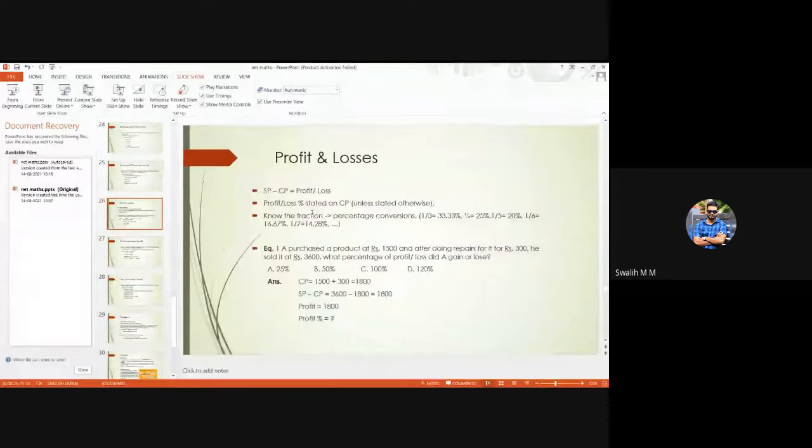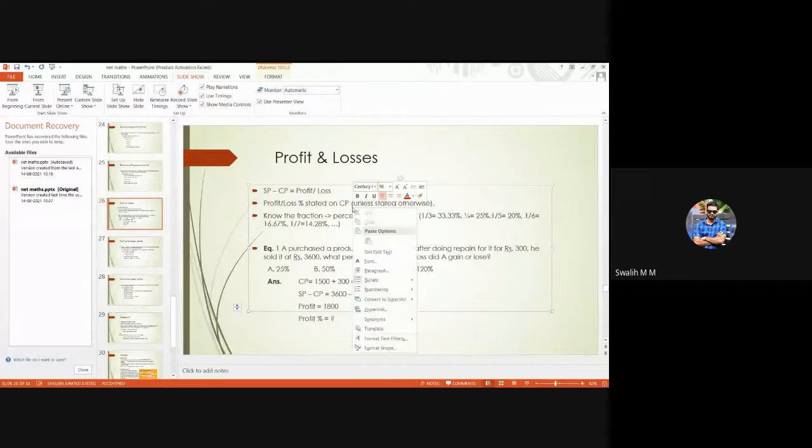So yeah, moving on to the first question. A purchased a product at rupees 1,500, and after doing repairs for it for rupees 300. One second.